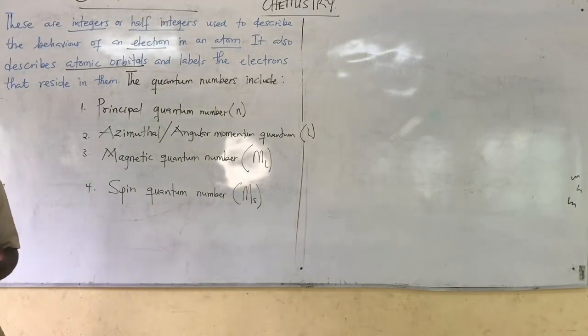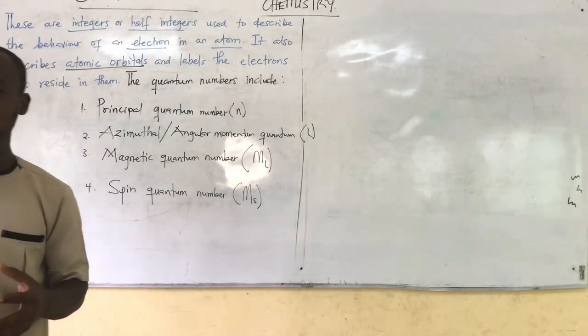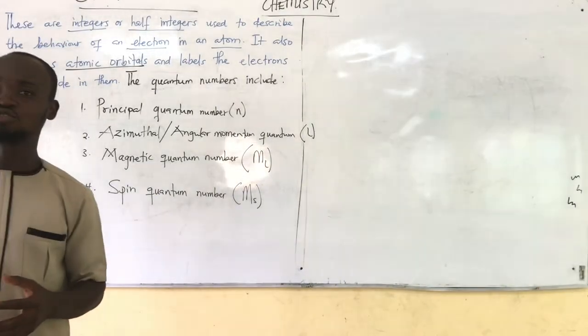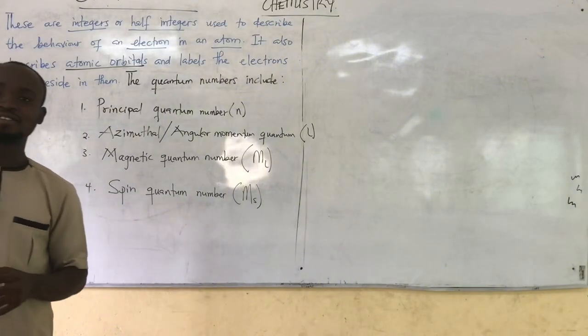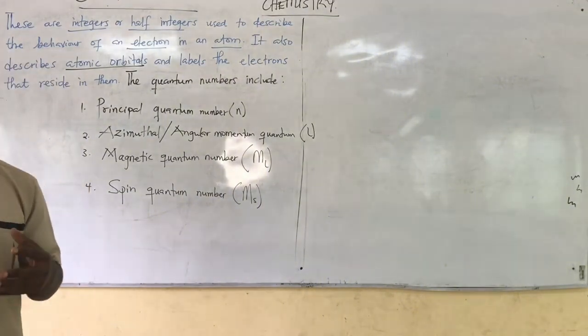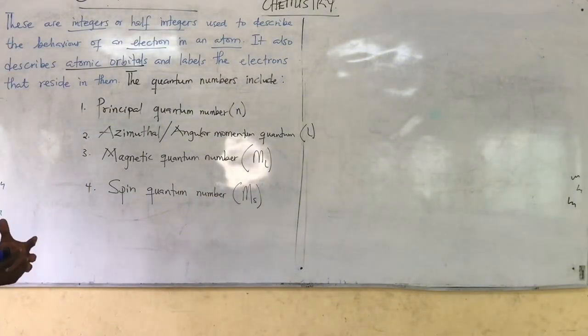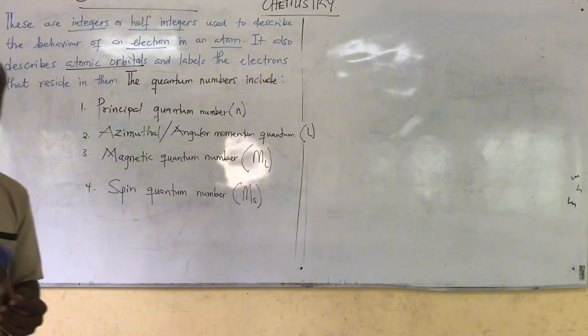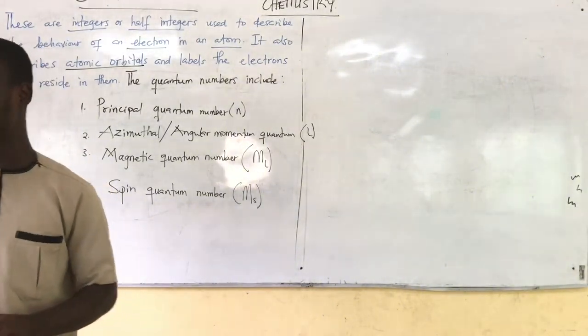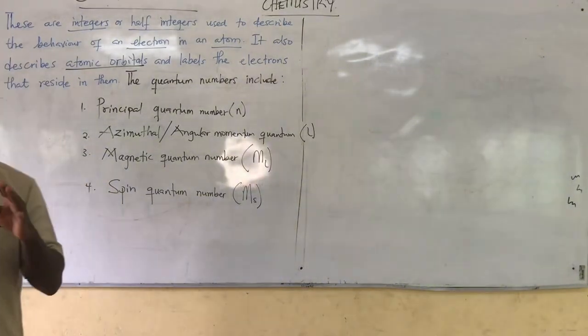So I said a quantum number is an integer or half integer that describes electron behavior in an atom. In addition, it describes atomic orbitals and the electrons that reside in these atomic orbitals. We're looking at four main quantum numbers.